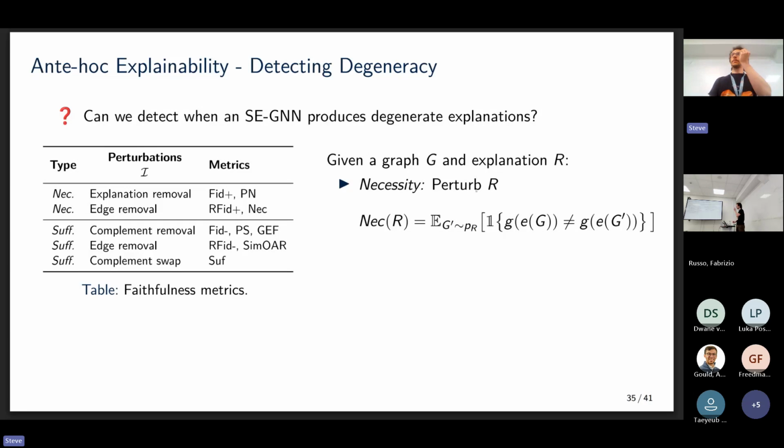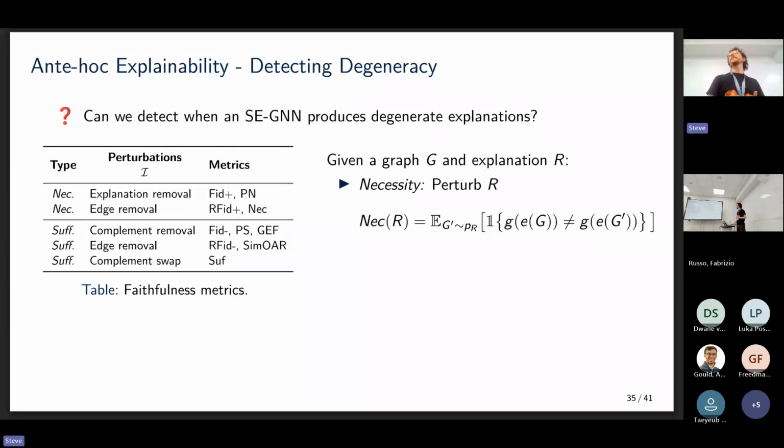If the explanation is necessary, perturbing it should result in a change in the output. So an explanation is necessary whenever you sample a perturbation, where G prime is a modified graph sampled from a distribution that modifies R, that modifies the explanation, and you're happy whenever the output changes.